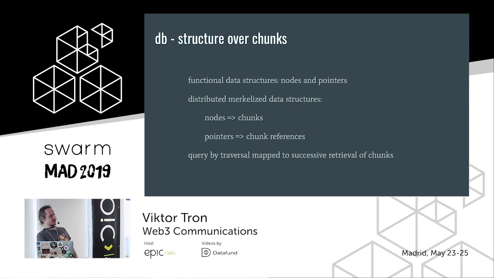Functional data structures are basically nodes and pointers, and you can turn them into distributed Merkleized data structures, which means that the nodes are serialized as chunks, and the pointer from node to node is basically the chunk reference, or the chunk hash, or if it's encrypted, then the encrypted reference as the pointer. And therefore you can immediately get to a Merkleized distributed data structure.